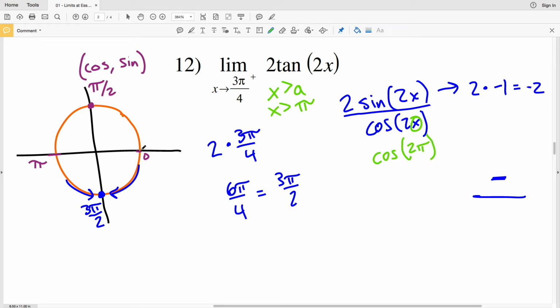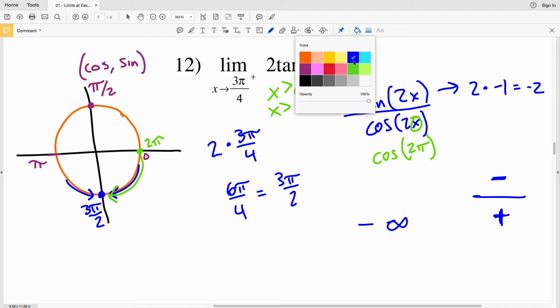And looking at where 2 pi falls, that's going to be coming from the positive cosine direction. So the cosine is going to be approaching 0 from positive values. And a negative over a positive is a negative, therefore the limit is approaching negative infinity.